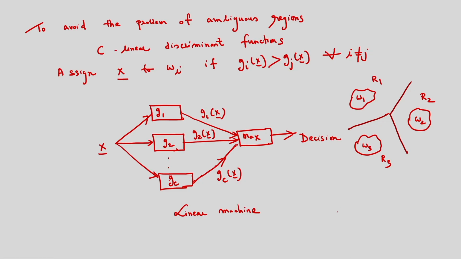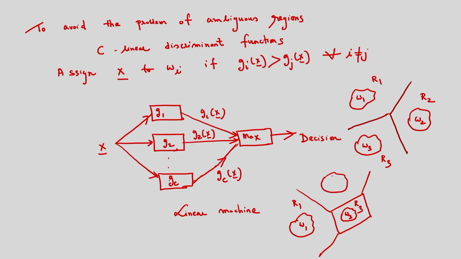Also I can consider this type of decision boundary. Suppose this is my class omega 3 and the region is R3. This may be omega 1, corresponding region is R1.